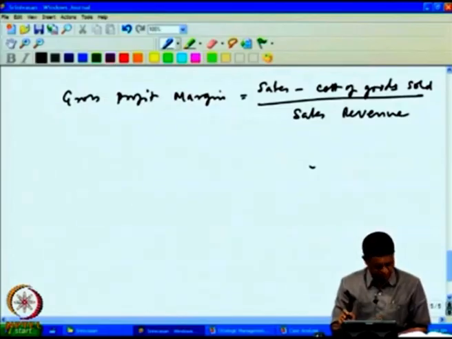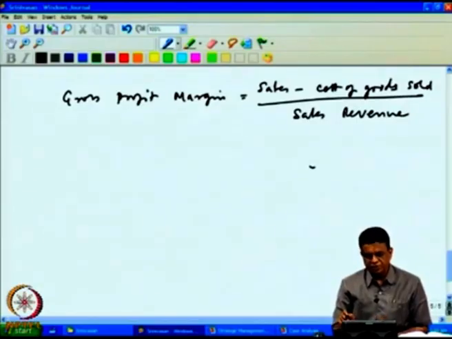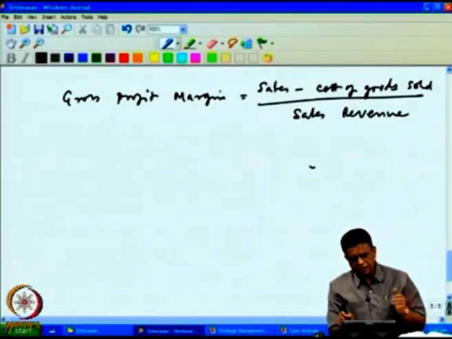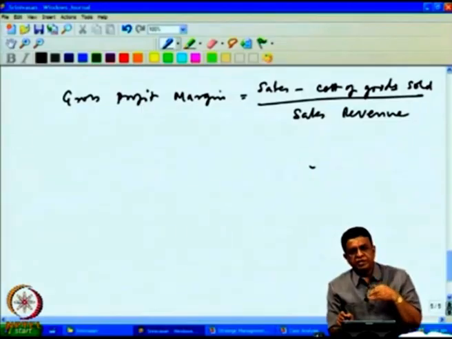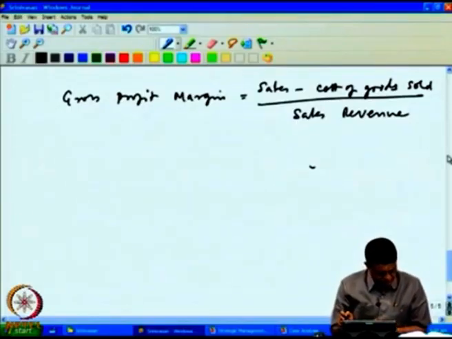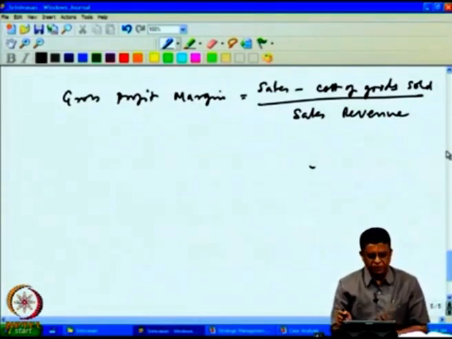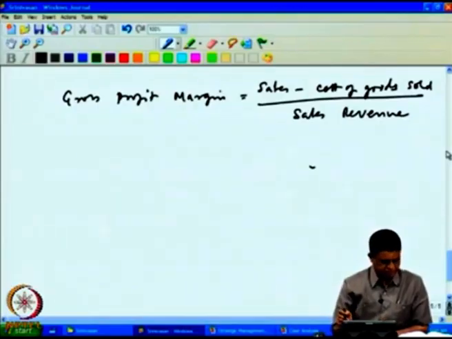What does it tell you? It gives you an indication of the total margin available to cover operating expenses and yield a profit. So, it tells you by how much you have been able to cover the cost of goods and the operating expenses and get a profit through your sales.